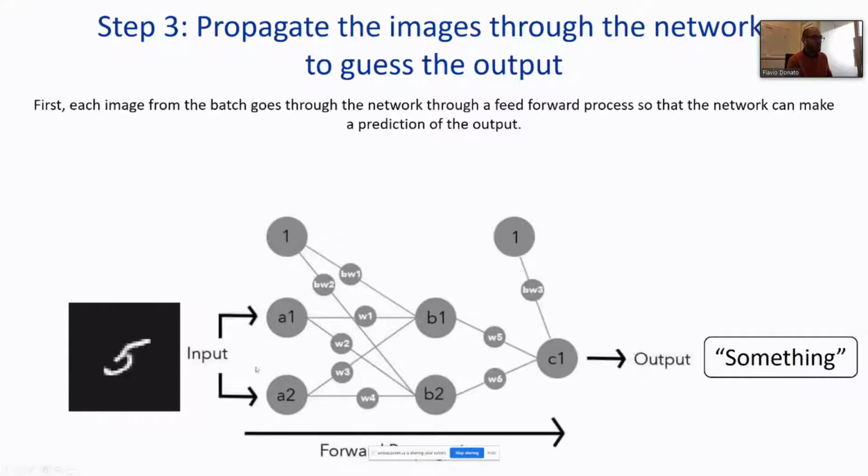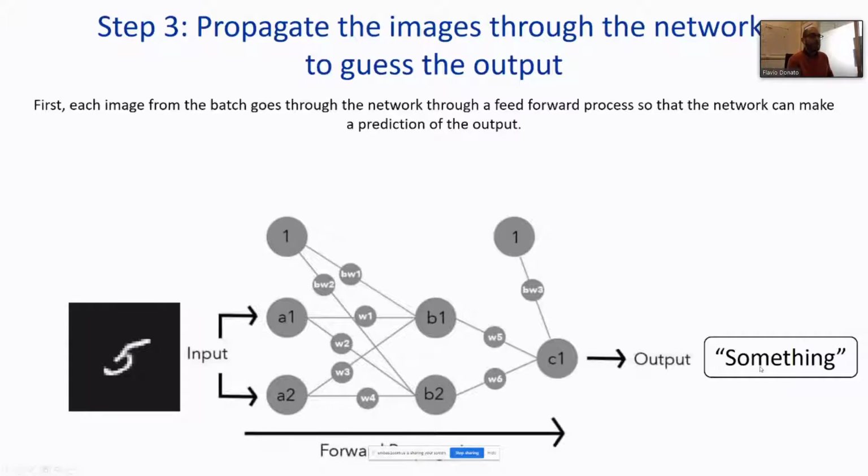You just want to know that the network passes the images in a feed-forward fashion to the output neuron and is able to output a value, or in that case, actually a vector, or let's say a label that says this is something. It's not going to be, of course, precise. It might start saying that this is a 9 instead of a 5, or it might say that it's something that is not even a number, right?